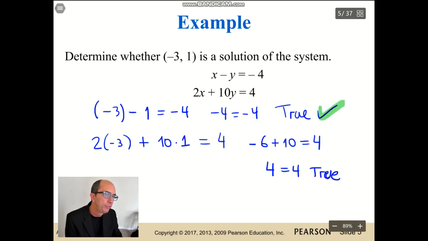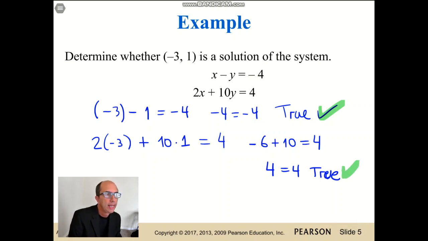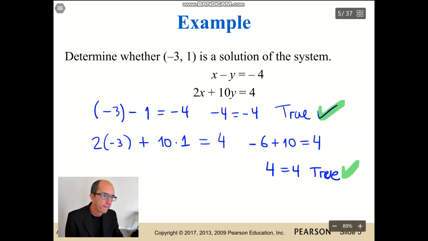That means both equations, statements are going to be true, and the ordered pair -3 and 1 is a solution of the system. You can say that it is a solution.